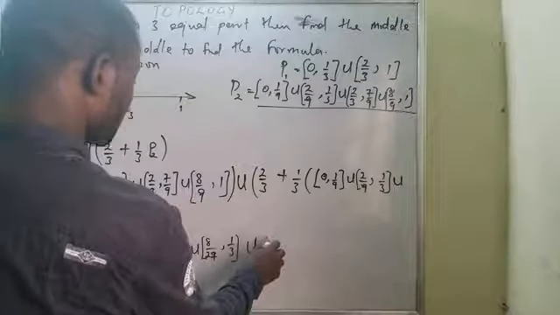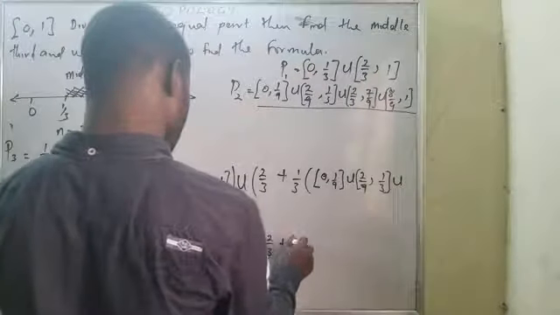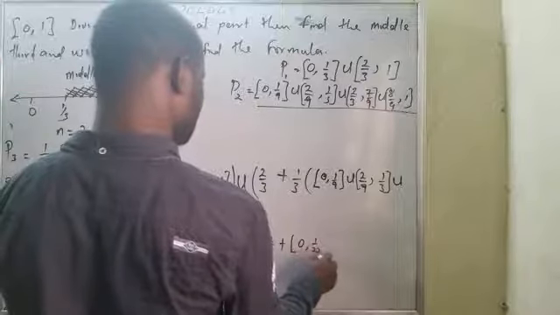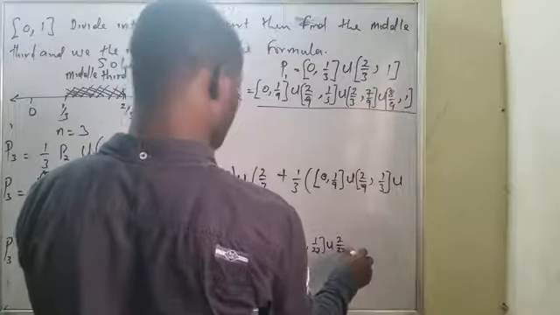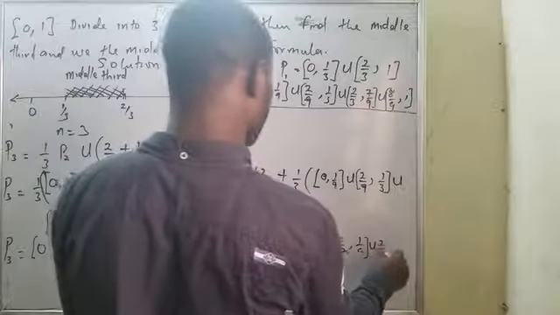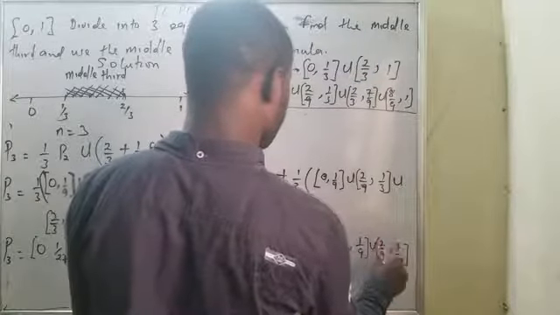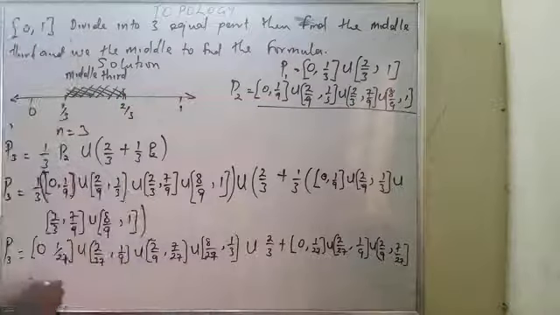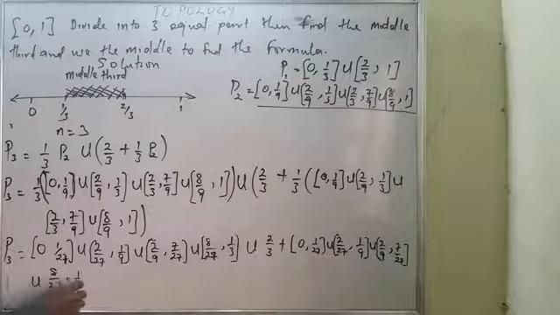And 2 plus 3 brackets of everything you are having here, just repeat it there. 0, 1 over 27, union 2 over 27, 1 over 9, union 2 over 9, 20 over 27, union 8 over 27, bracket of 1 over 3.